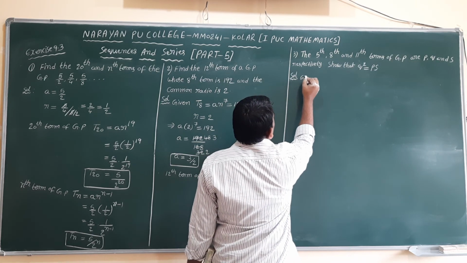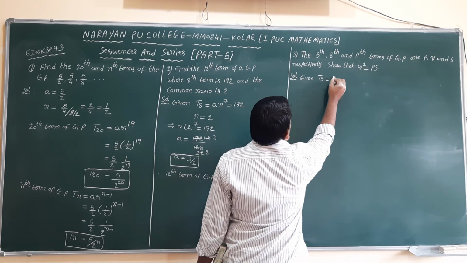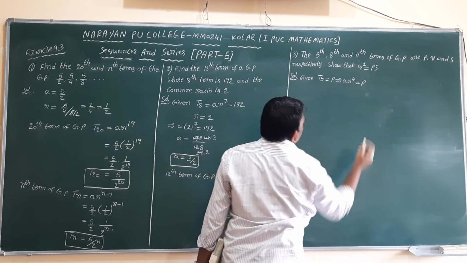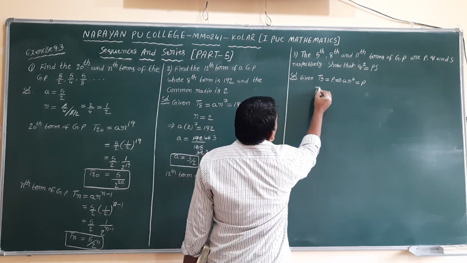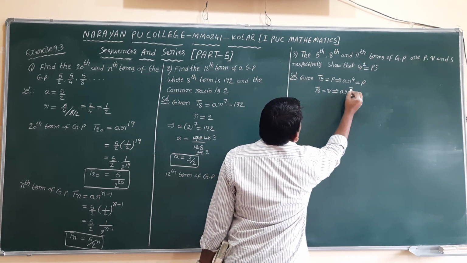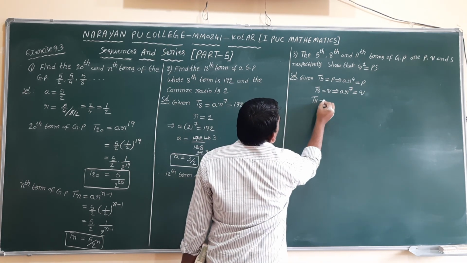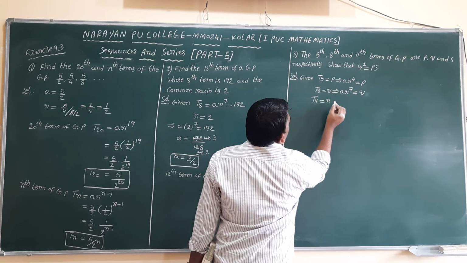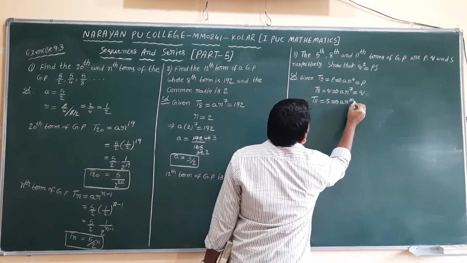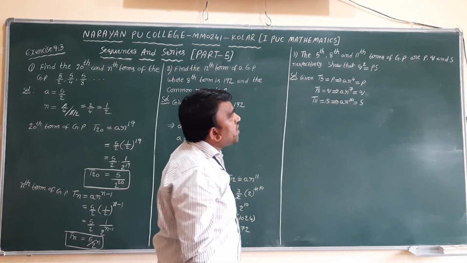Given T5 equal to P, that means AR power 4 equals P. T8 is Q, that means AR power 7 equals Q. T11 is nothing but S, which implies AR power 10 equals S. That is the given data. From that we need to show Q square equal to PS.